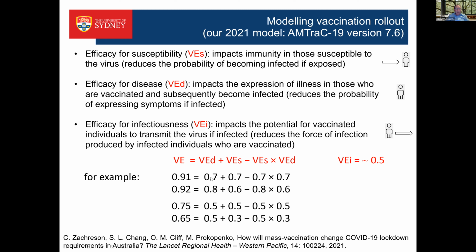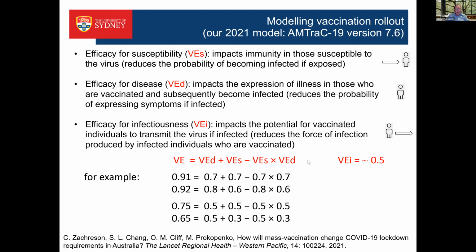So if you have 70% efficacy against symptoms and 70% efficacy against even getting infection, they combine in this way to 0.9. And that's what you get in reports from, say, Pfizer or Moderna. While if they are 0.5, they don't have to be the same. They could be different. Something in this range, 0.305, for example, could combine to 0.75 or 0.65 clinical efficacy.